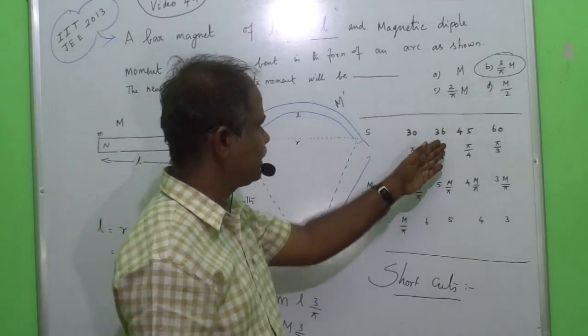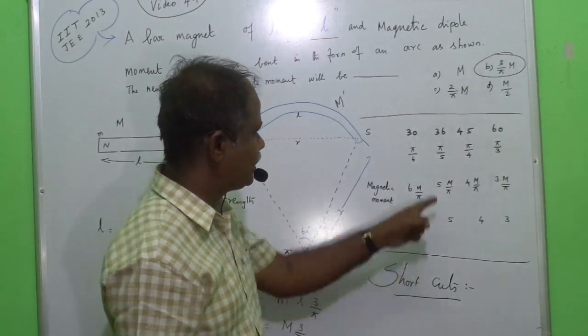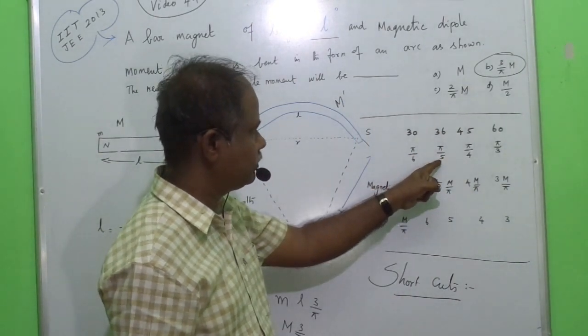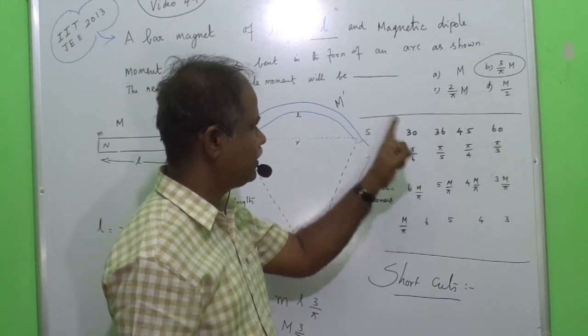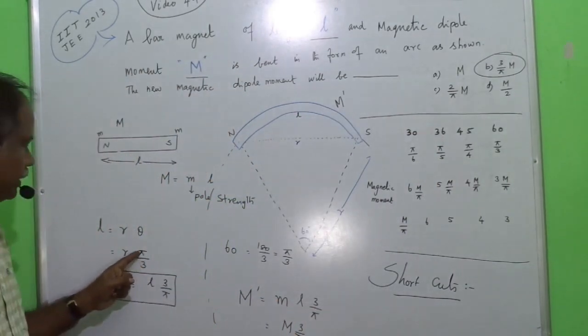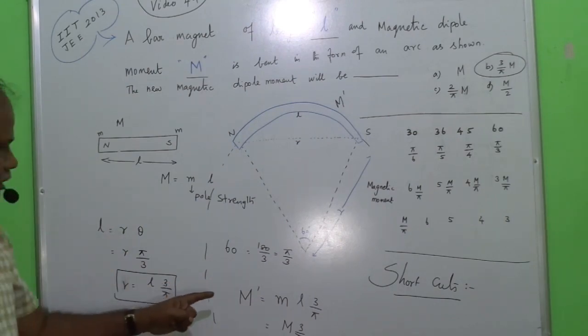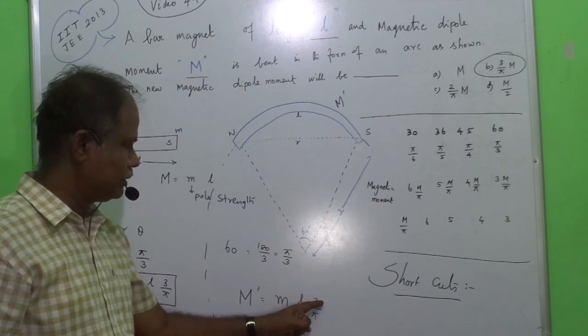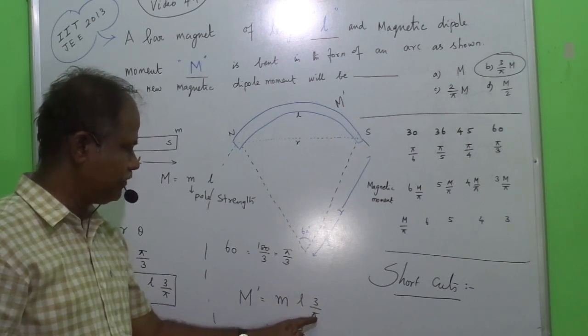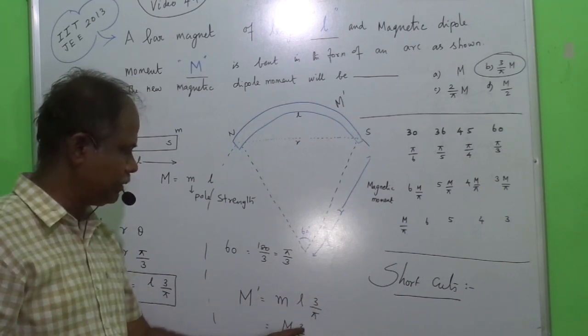In the same manner, for example, 36 degrees. 36 degrees means 180 by 5, that is pi by 5. The angle is pi by 5. Then it is 5M divided by pi.